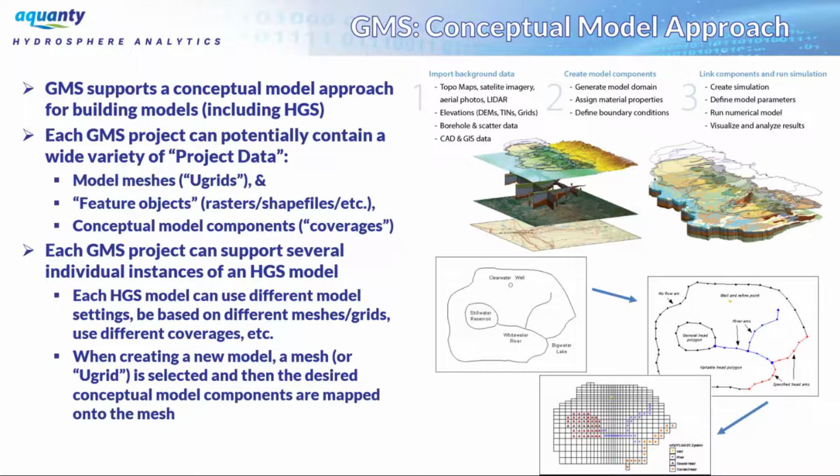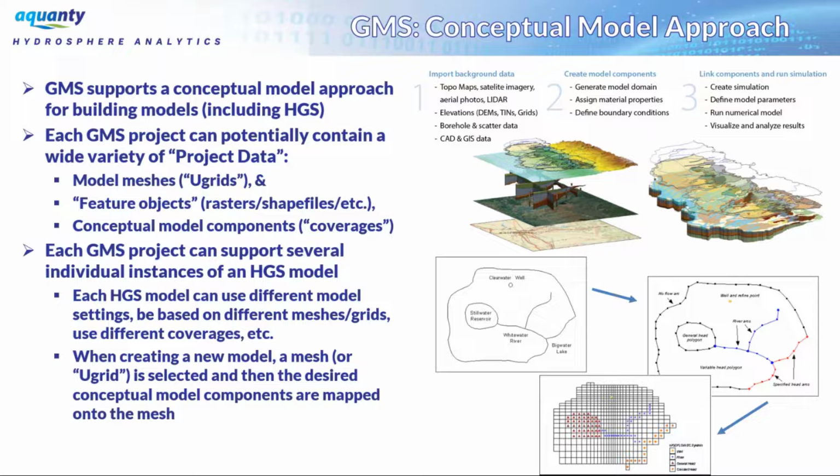So the GMS approach is to have a project that can contain a wide variety of these different model independent data products that can all be combined and mixed and matched within the project to create several different versions of your model. And this is true of HGS as well. Every GMS project can contain several different HGS models, and each one of those models can be based on different meshes and use different conceptual components or coverages to build those models.